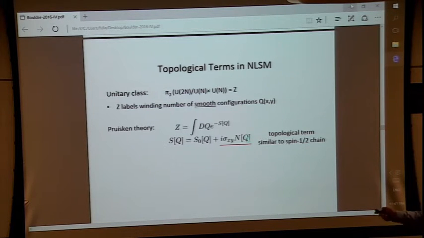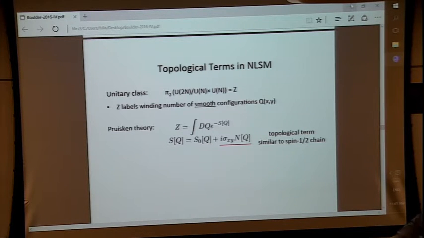So if the topological index is of Z2 type, it forces the coefficient in front to be only 0 or pi. It cannot be arbitrary, at any length scale.